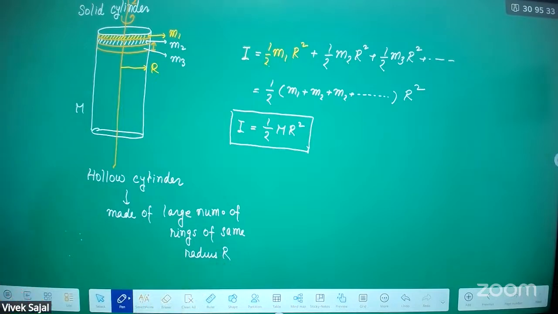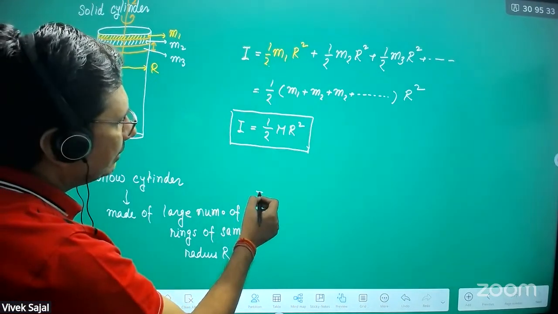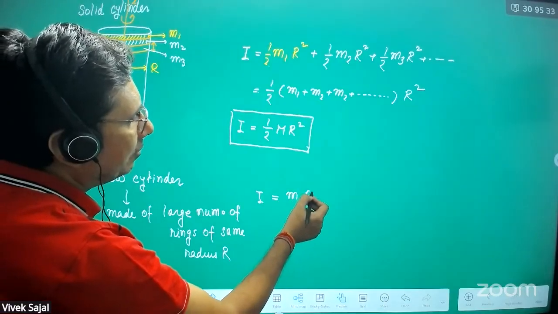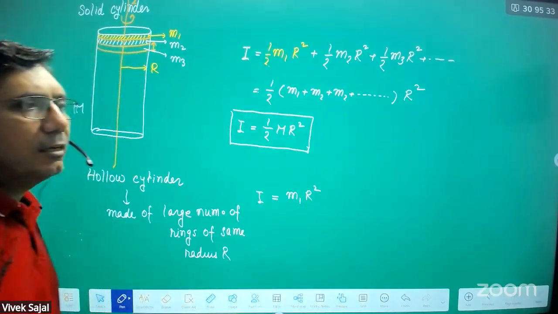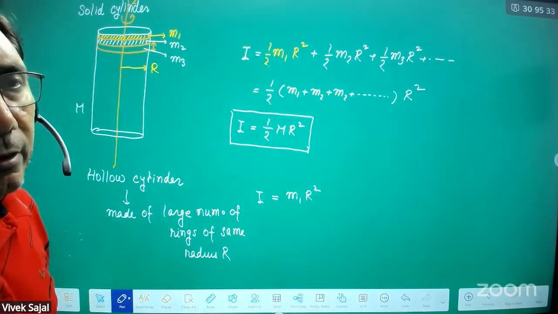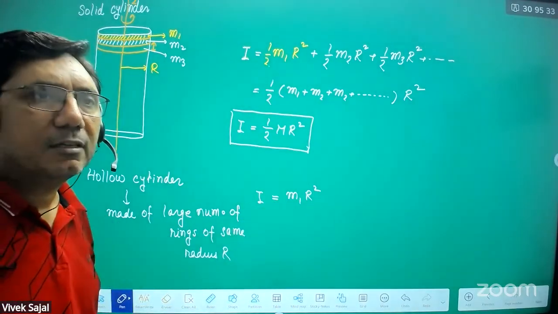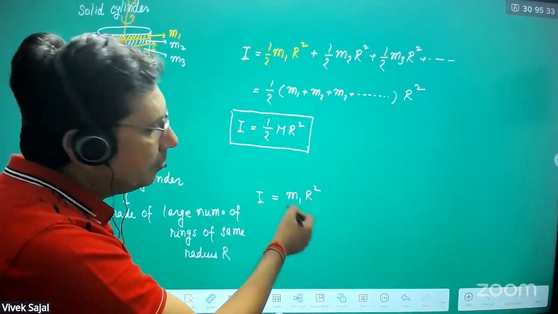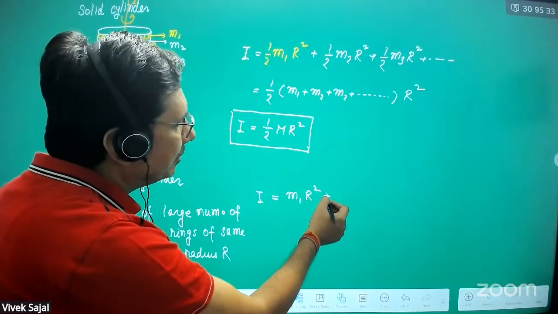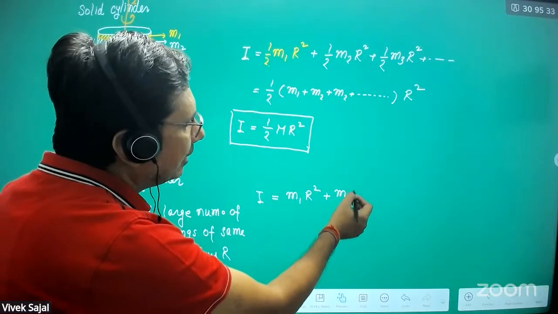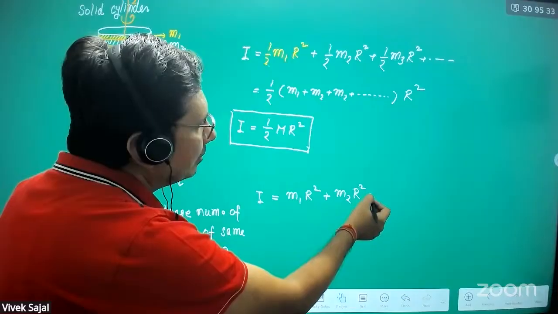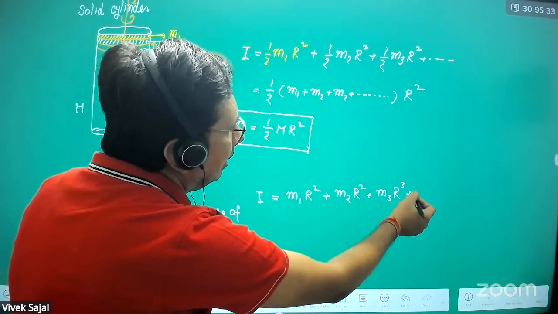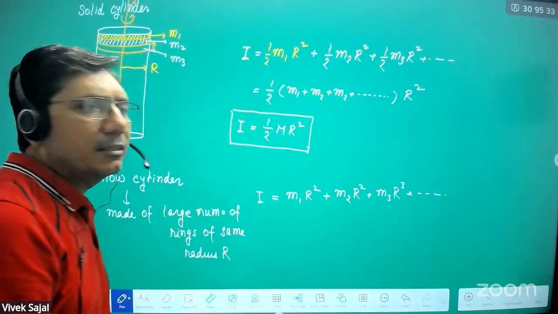Suppose the mass of the first ring is m1. For the ring, what is the moment of inertia formula? That is mr square. So m1 r square will be the moment of inertia of the first ring, plus the moment of inertia of the second ring, plus the moment of inertia of the third ring, and in this way a large number of rings are there.